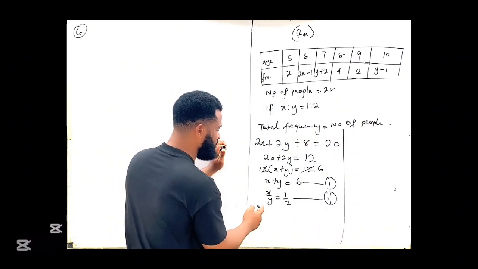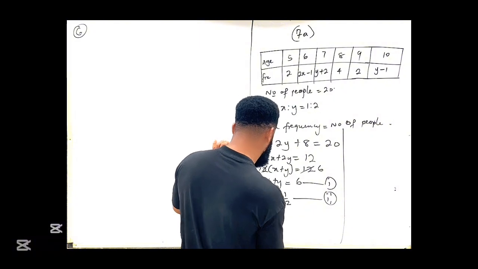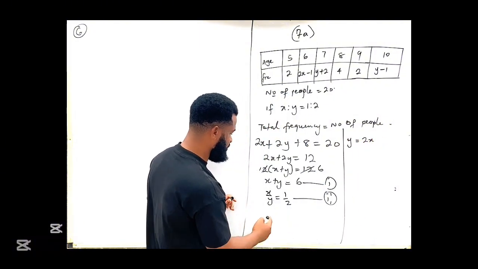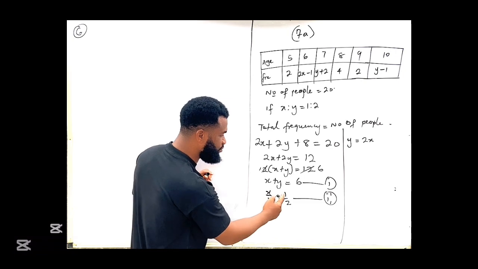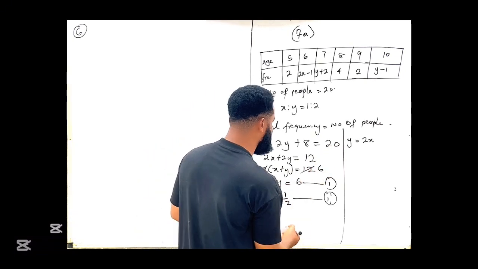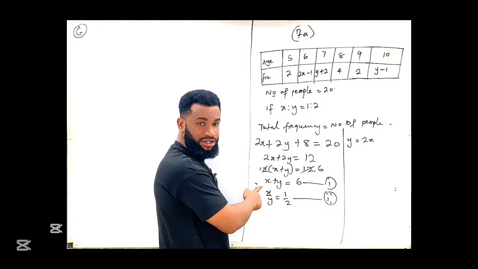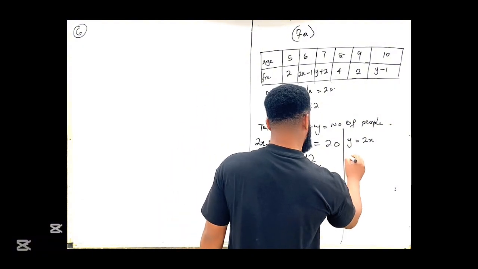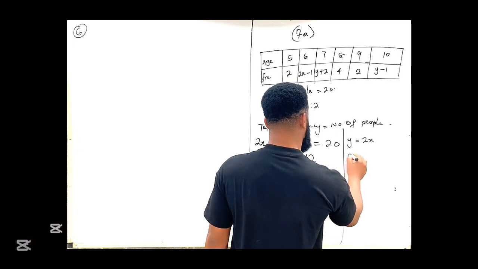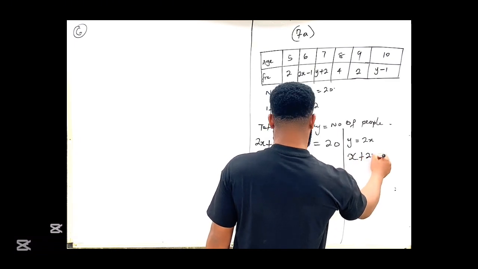So the next thing I'm going to do is to find this. I'm going to say that this means that y is equal to 2x, because y times 1 is y, and x times 2 is 2x. So I will use this to solve into this equation. I'm going to have x plus 2x is equal to 6.